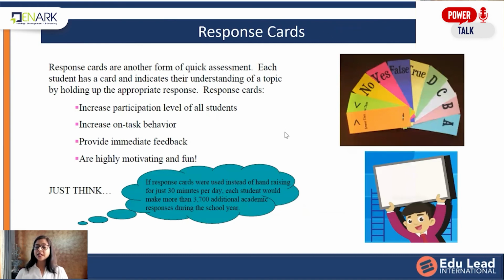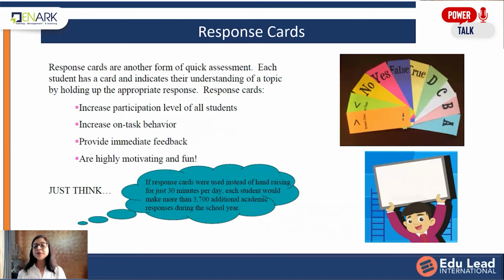Another one is the response cards. Response cards are maybe a small whiteboard which all the children have, where they write their responses with a marker. As you ask the question, they write the response and raise the response card. In a moment, you are able to see everybody's response and make a quick decision about who has got it and who has not.